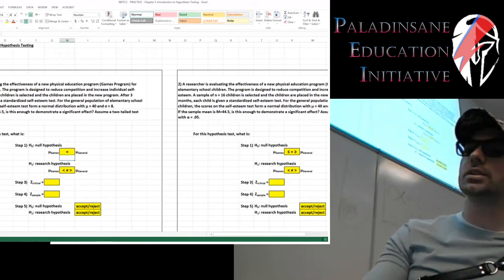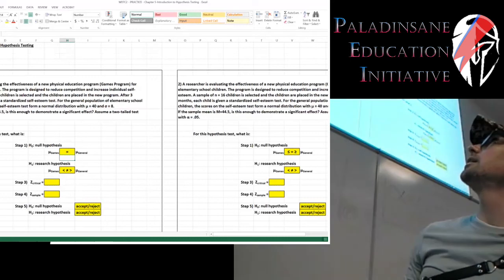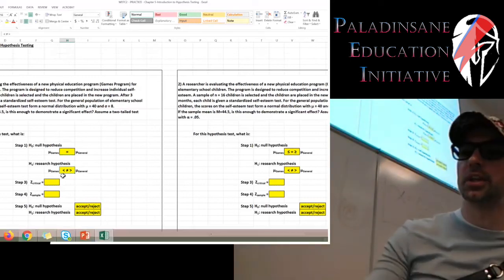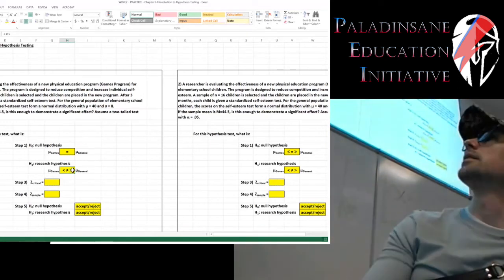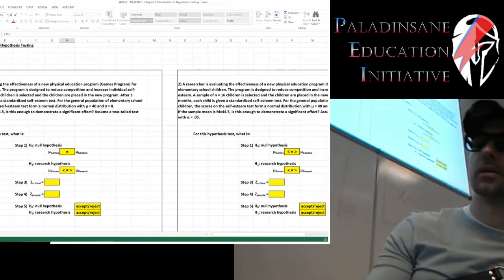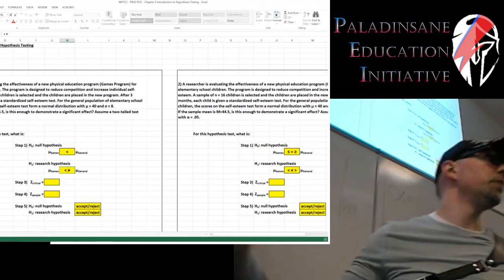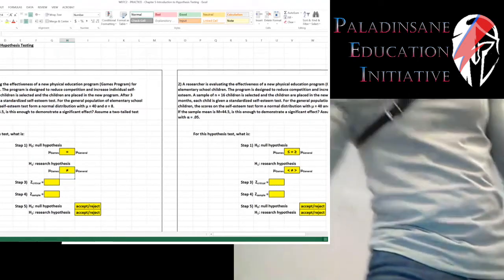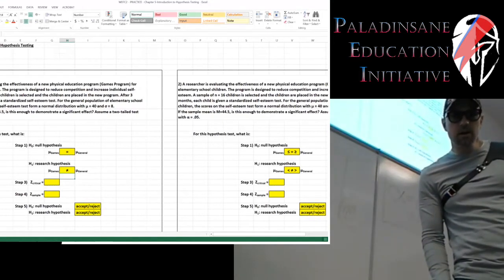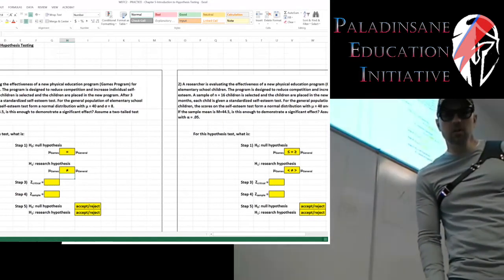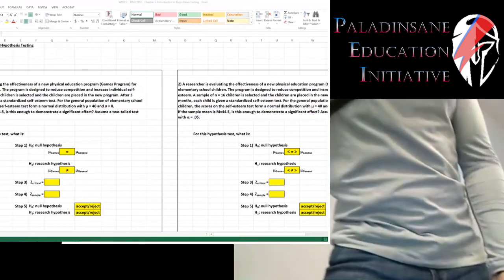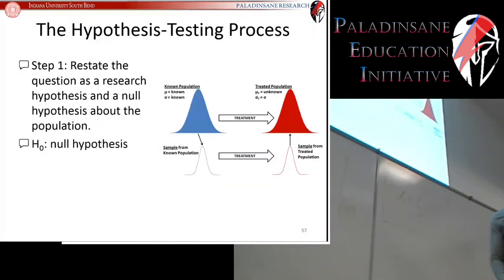And for the research hypothesis, once again, you just kind of double click in there, you would want to delete the symbols that you don't need. And that would be the way that you would answer this particular question on a test. So we are going to continue on here. There we go. So we have our research hypothesis. We have our null hypothesis.